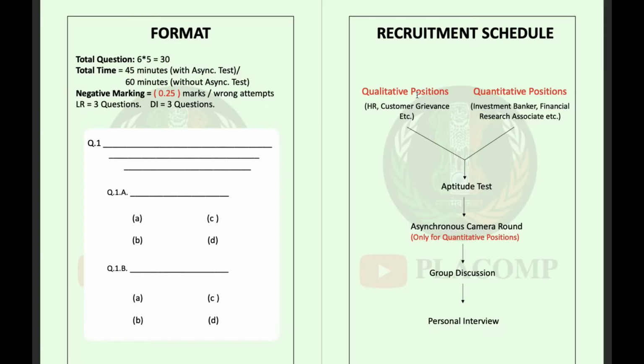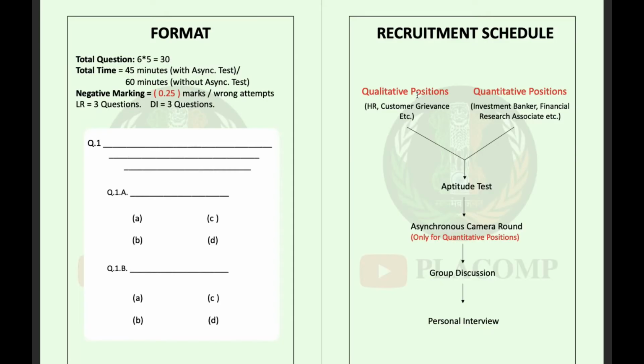In that case, your aptitude test would be a total of 60 minutes. On the contrary, if you are applying for a quantitative position, for example, investment banker, financial research associate, etc., you will have to go through the async test and your total aptitude test timing would be 45 minutes.